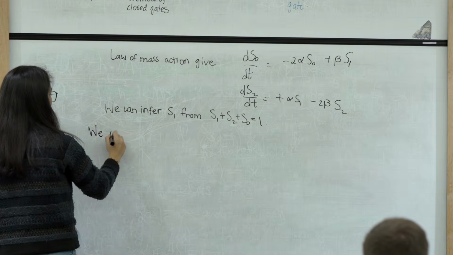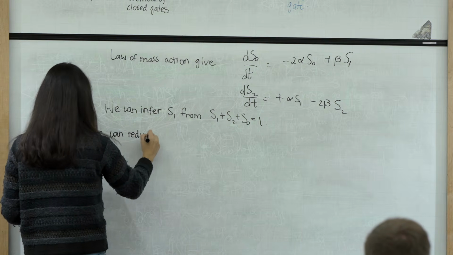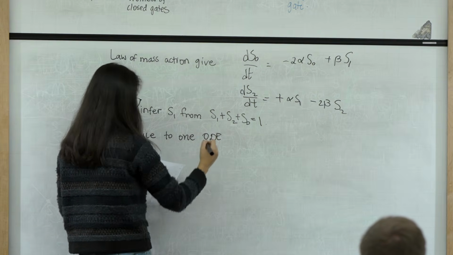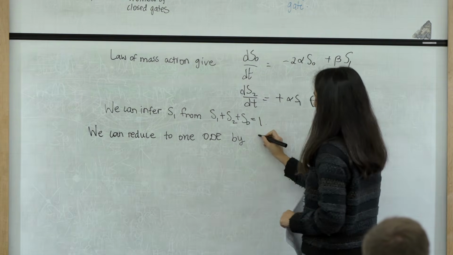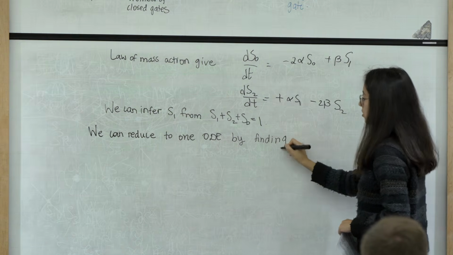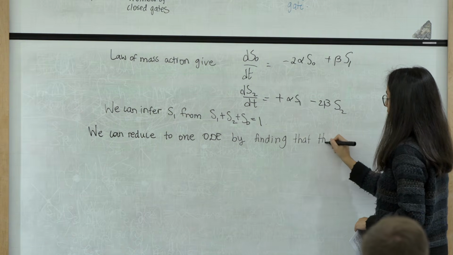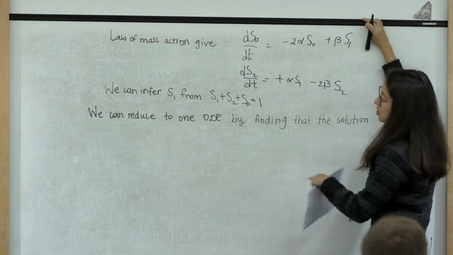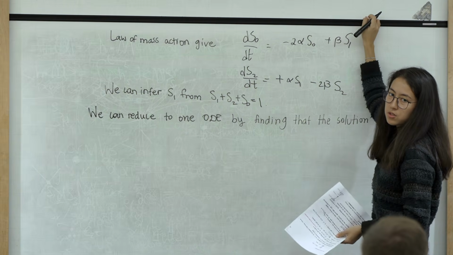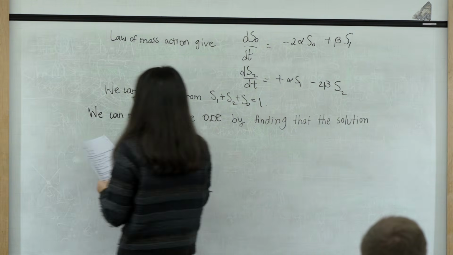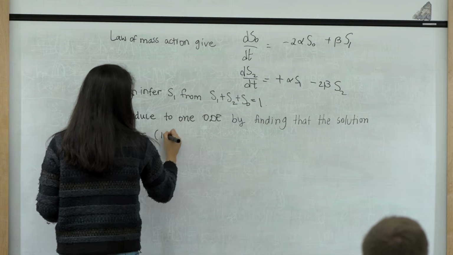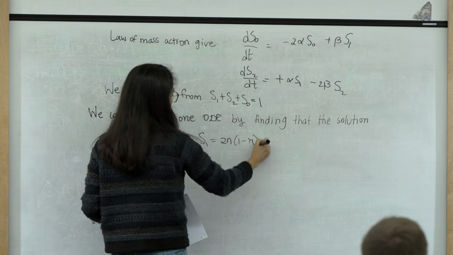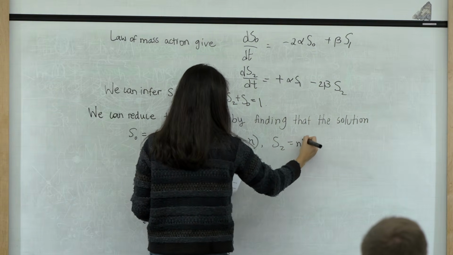So basically, this says we can reduce to one ordinary differential equation by finding that the solution is given by, and here I'm going to write down the solution and just ask you to check that it's the solution, so it should just satisfy the equations. You don't have to actually try to solve it. So S0 is (1 minus n) squared, S1 is 2n(1 minus n), and finally S2 is given by n squared.